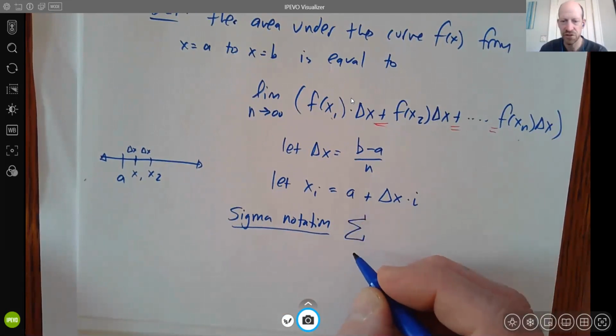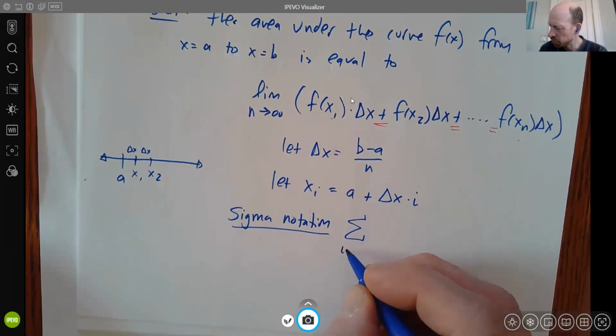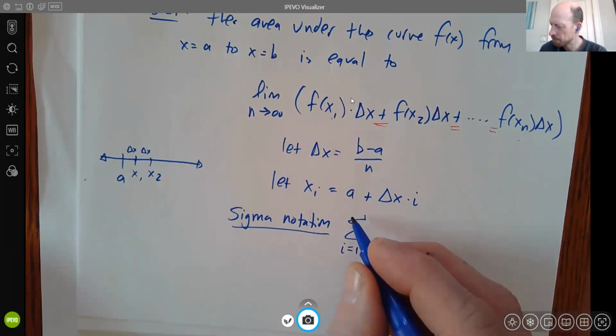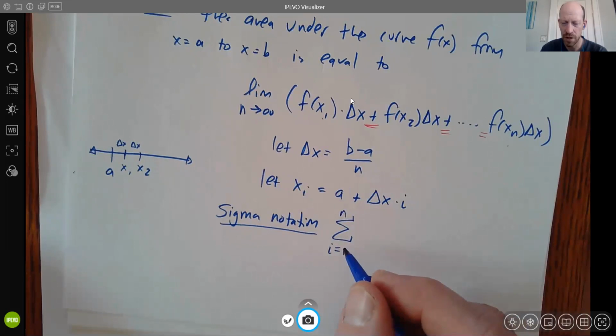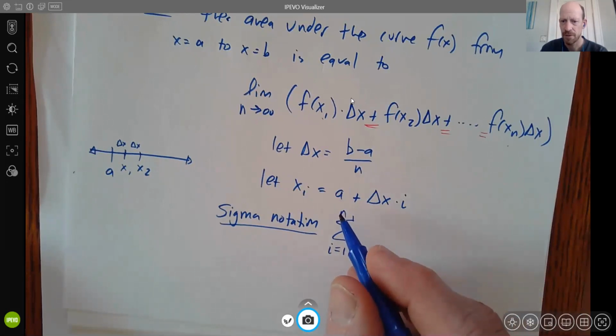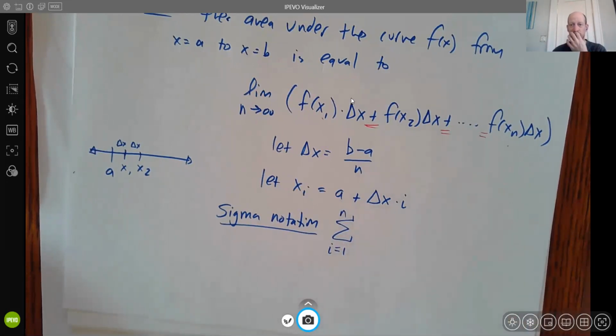So sigma notation, the way it works is we put this sigma, that just means sum, add up. And then what I do is I put a little counter here. So I want to go from i equals 1 to n. So i is like a dummy variable, and it's going to start at 1. I can have it start wherever I want. It can start at 20 or negative 15, but I want it to start at 1. And then it'll go to 2, and then 3, and then 4, and all the way up to n.